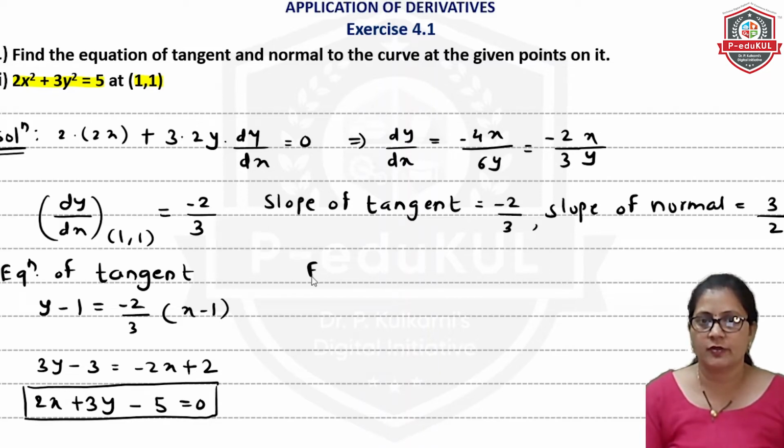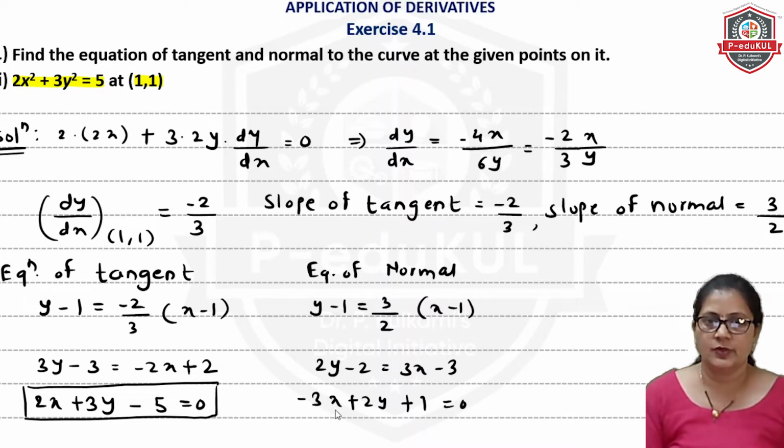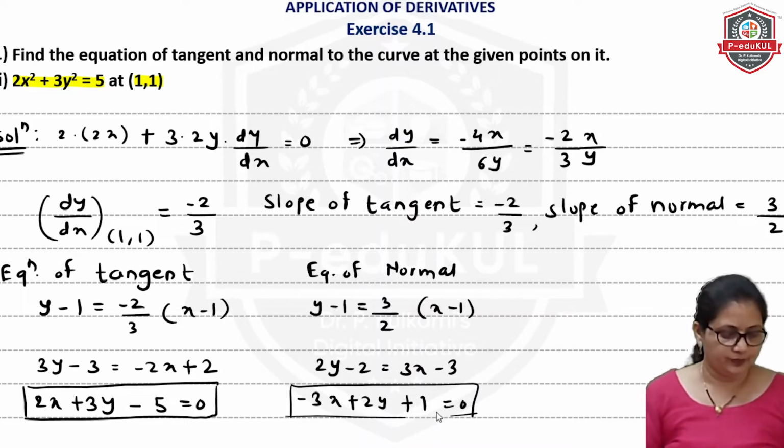Now the next is equation of normal. Equation of normal will be again y minus y1, slope is 3 by 2, x minus x1. So 2y minus 2 equals 3x minus 3. So this will be minus 3x plus 2y plus 1 is equal to 0. That's it. So these are the two equations of tangent and normal.